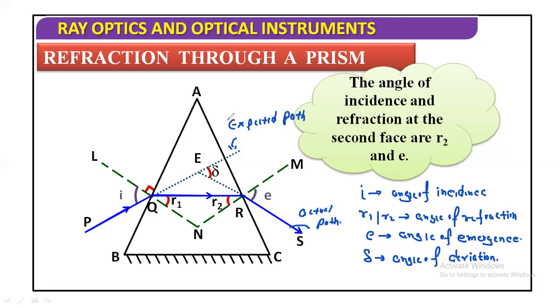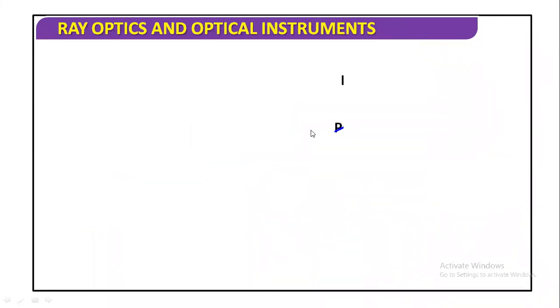It is the angle between the expected path and actual path. What is delta? Delta is the angle between the expected path of the light and the actual path. So this is the angle delta.